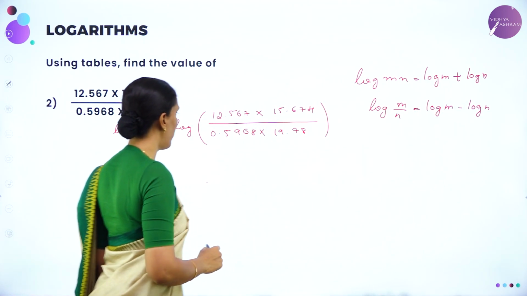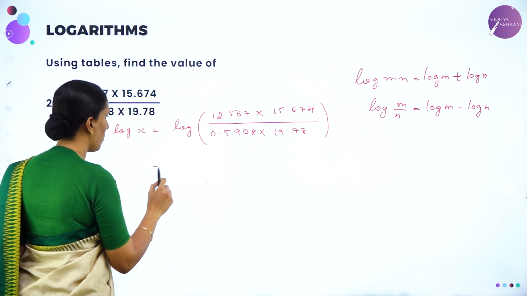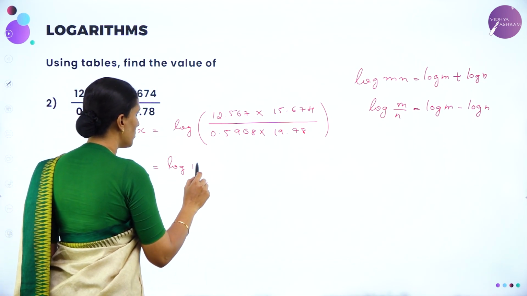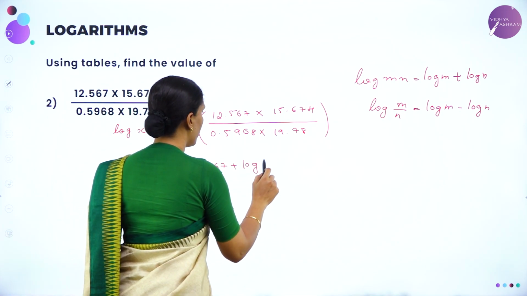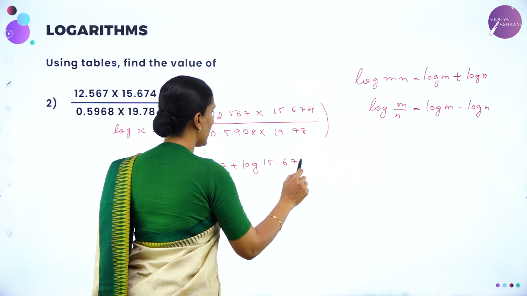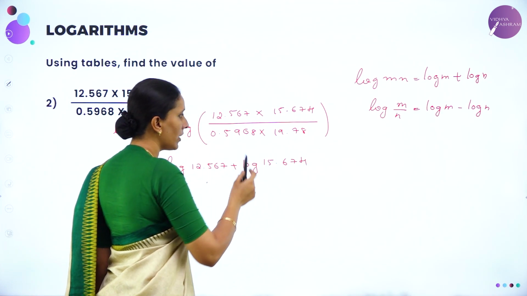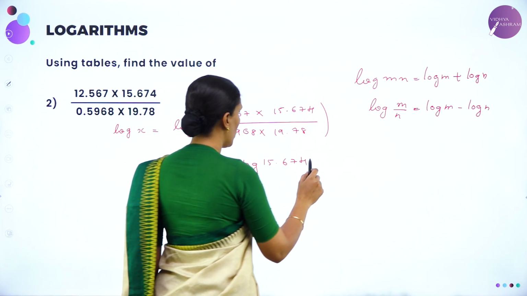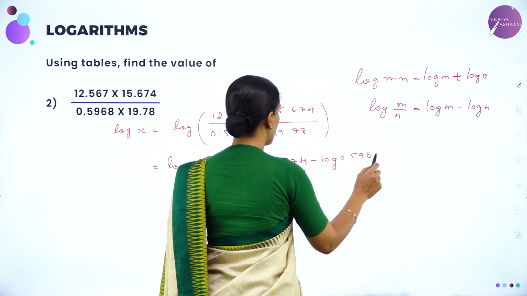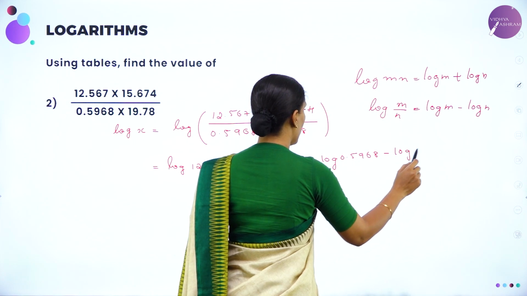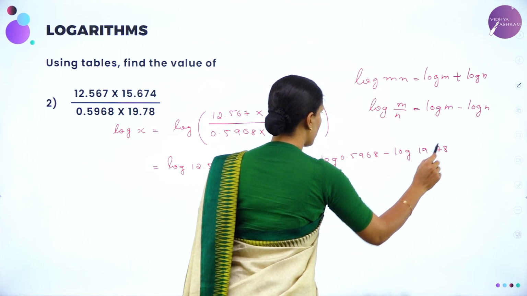So using this property, I can write this in the form of log of 12.567 plus log of 15.674. Since these two are in the denominator, it will become minus log of 0.5968 minus log of 19.78.